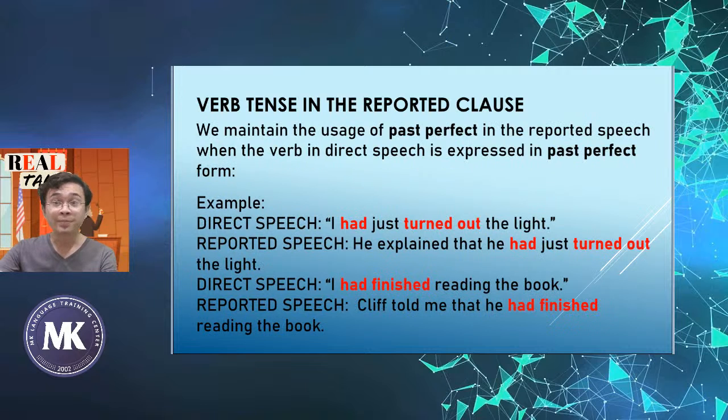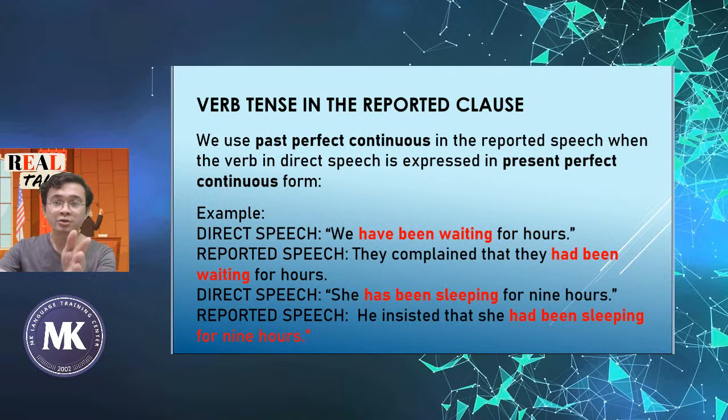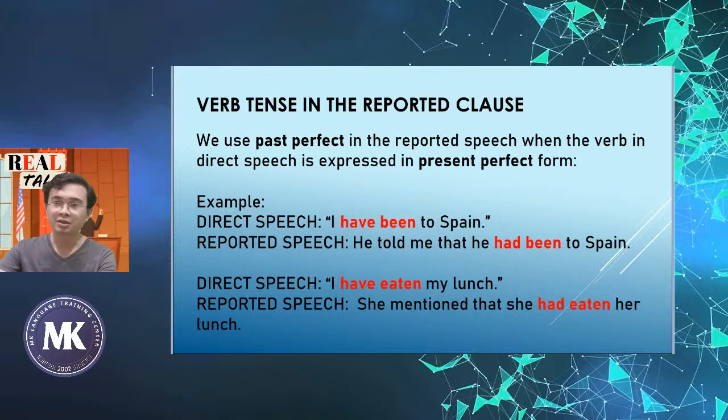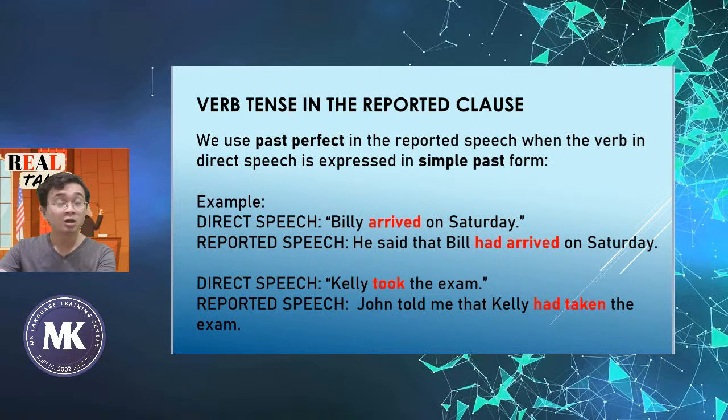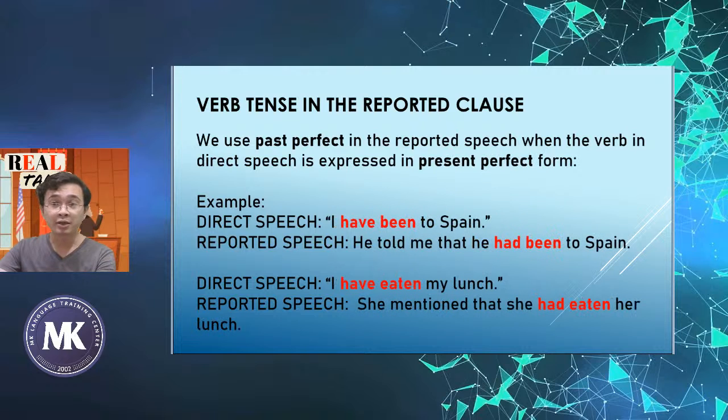We still use past perfect if the verb in direct speech is simple past, and also we still use past perfect if the verb in the direct speech is expressed in present perfect form. So if the verb in the direct speech is expressed in present perfect form, then we need to change that into past perfect if we want to do reported speech.